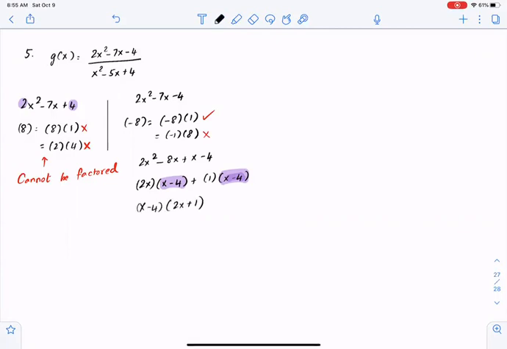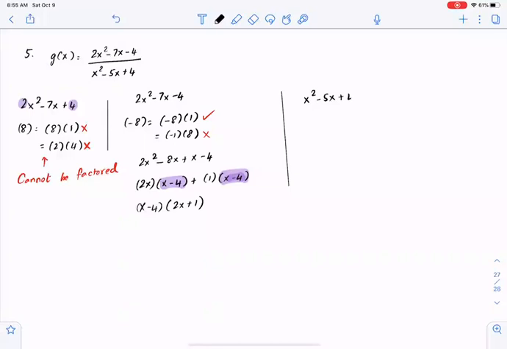If I pull that out, I would end up having x minus 4 times 2x plus 1. So we have successfully factored the numerator. Let's see if we're able to do that with the denominator.